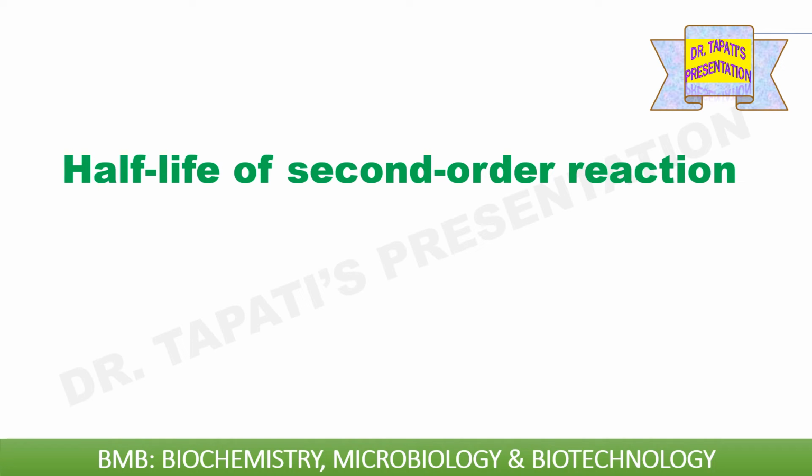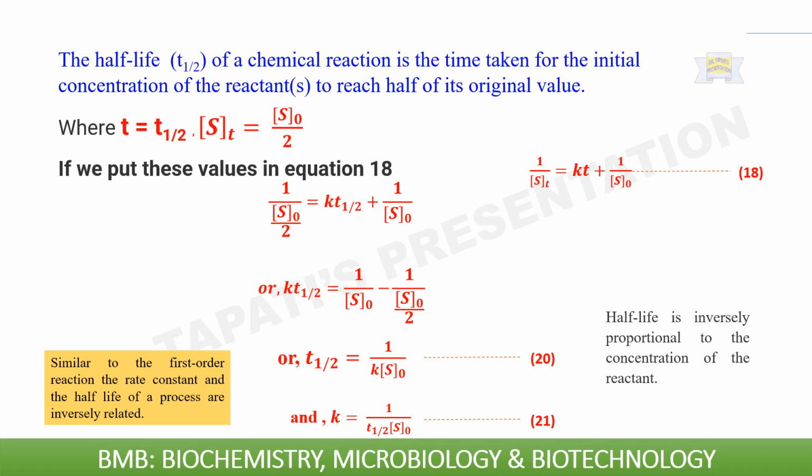Now we have to determine the half-life of a second order reaction. Half-life of a chemical reaction is the time taken for the initial concentration of the reactant to reach half of its original value. Already we know that where T is equal to T half, St is equal to S0 by 2, when substrate concentration is half of the initial concentration.